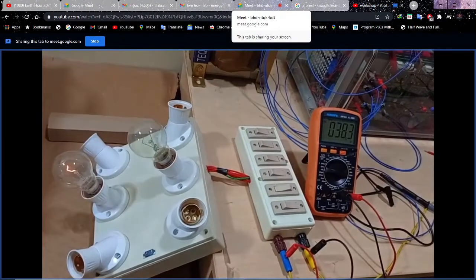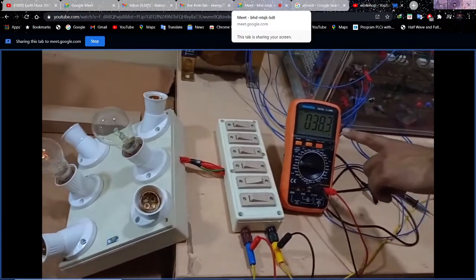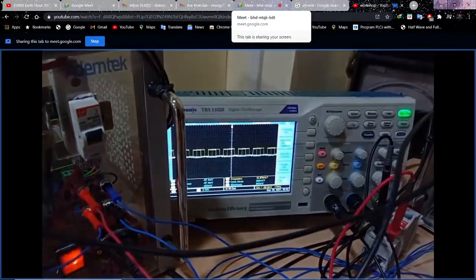Now we will check what happens if we increase the voltage a little more. Now we have increased the duty cycle a little more, so voltage is 38, and it is around 55 to 60%.